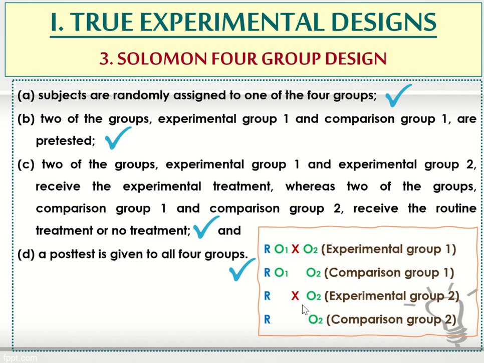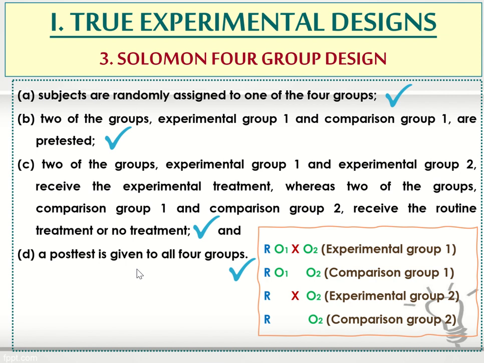So, we administer the intervention to experimental group 1 and experimental group 2. Whereas yung 2 of the groups, yung comparison group 1 and comparison group 2, receive the routine treatment or no treatment. Okay, so that's the third na ginagawa natin for Solomon four group design.